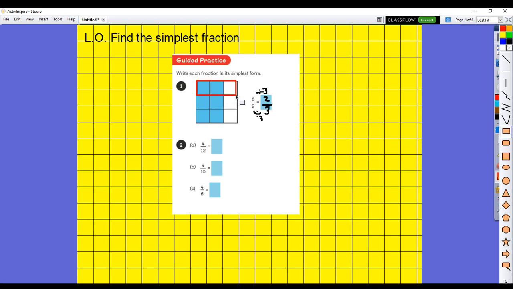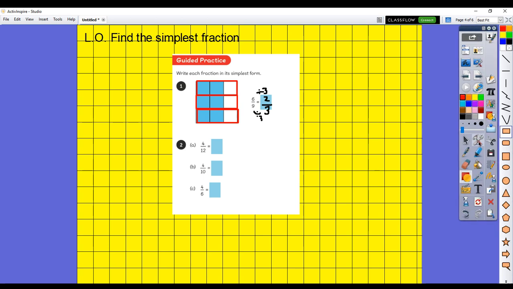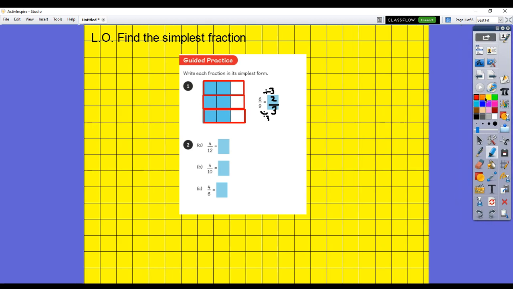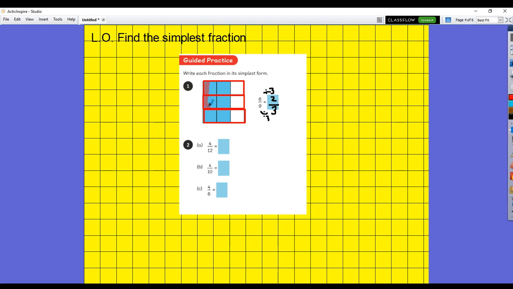So I'm going to have 1, 2, 3. I'm going to use a different color, let's use red. If I have 2/3 shaded of my 3, then we can see that it's the same as 2/3.